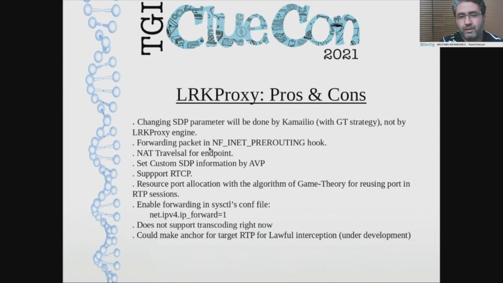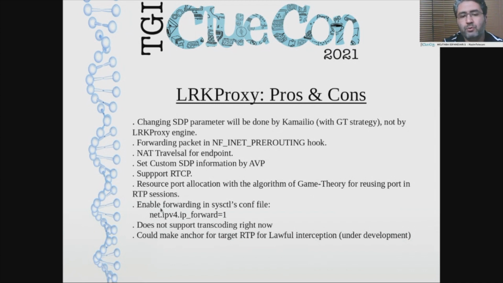Forwarding a packet in LRK proxy is in the pre-routing hook in Netfilter hooking. LRK proxy supports NAT traversal for endpoints with custom SDP information by attribute value pair. LRK proxy supports RTCP. We could use resource port allocation with an algorithm of game theory for using ports in an RTP session.